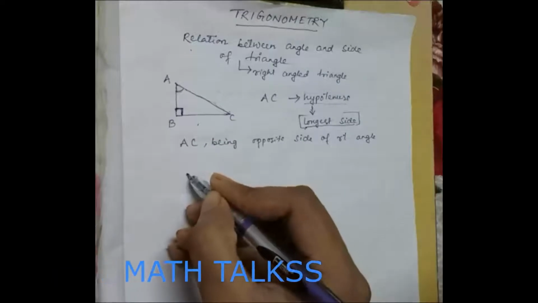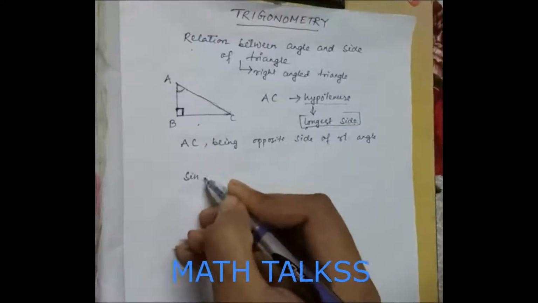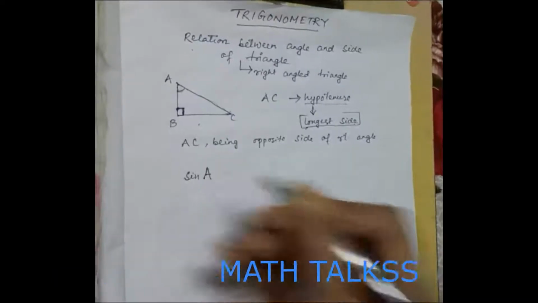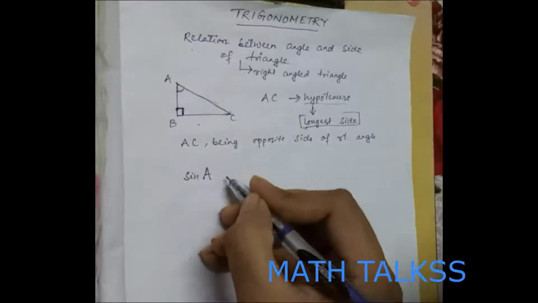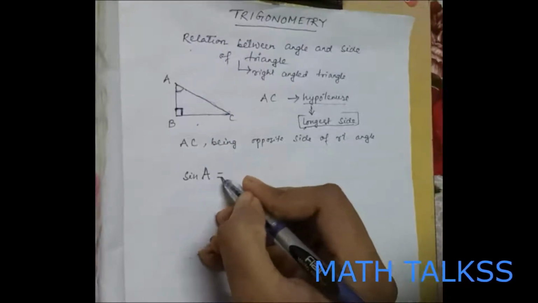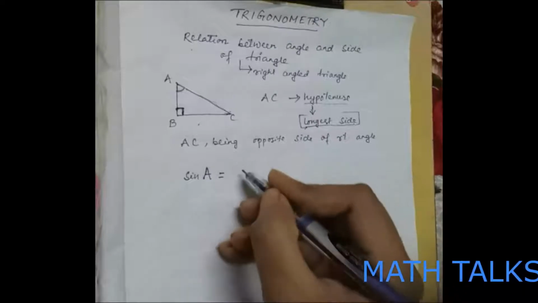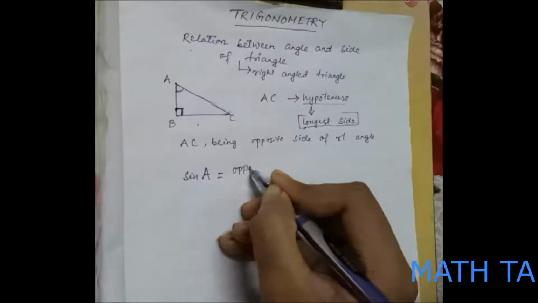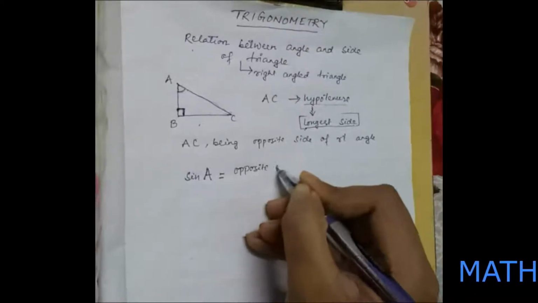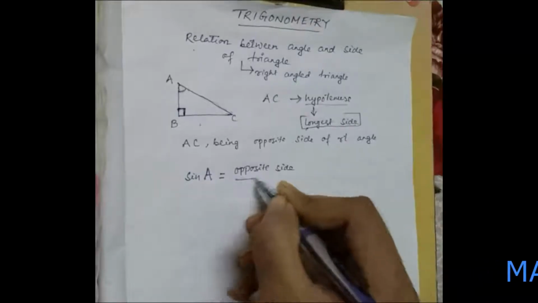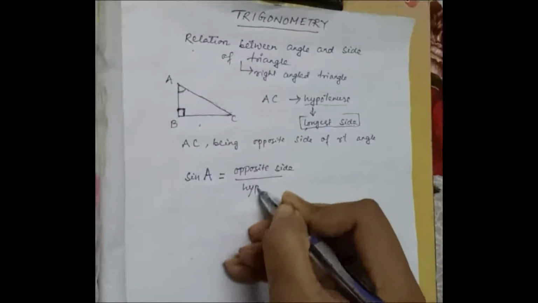Now we are going to write the definition of sin A. By the definition of sin A, we can write that sin A is equal to opposite side by hypotenuse.